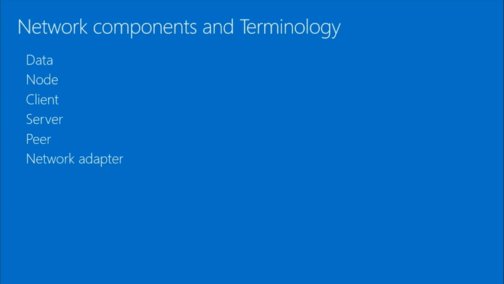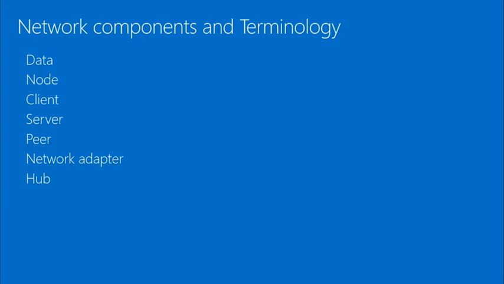Network adapter. To gain access to the network and gain access to other devices, you need a network adapter of some kind to allow you to access the media. Hub. This is a device that multiple devices hook into that basically spreads the data around to other devices so everybody has access to it.